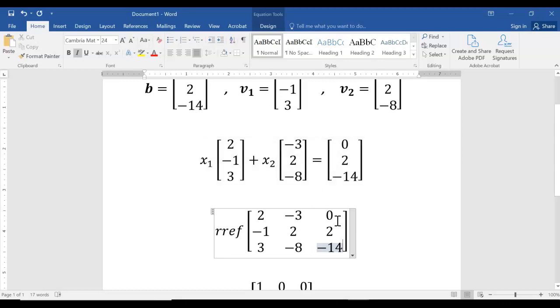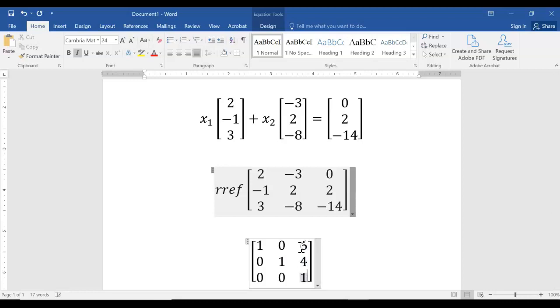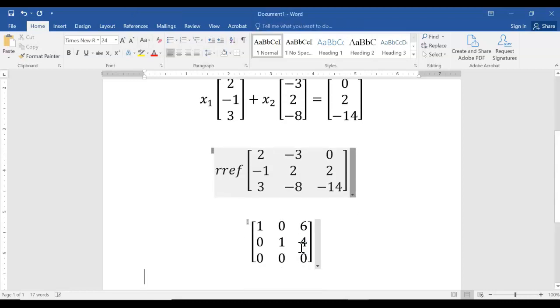And when you row reduce this to echelon form, you end up getting the following matrix: 1, 0, 6, 0, 1, 4, 0, 0, 0.